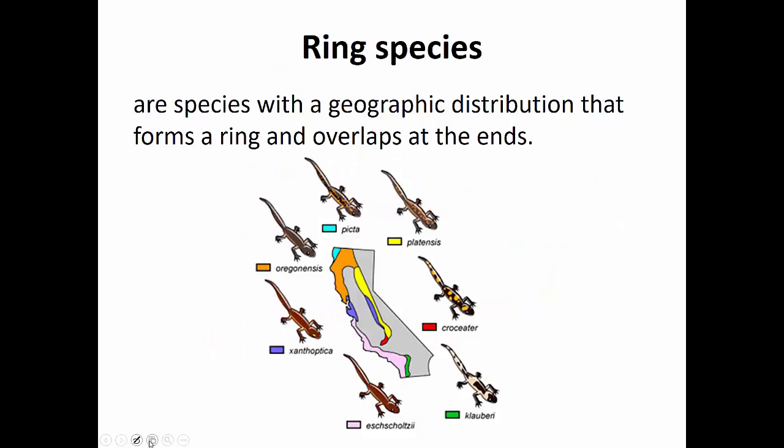We also have these things called ring species that cause problems. Ring species are species with a geographical distribution that forms a ring and overlaps at the end. So you can see here that there are many subspecies of this sort of salamander. It is from the genus Ensatina.